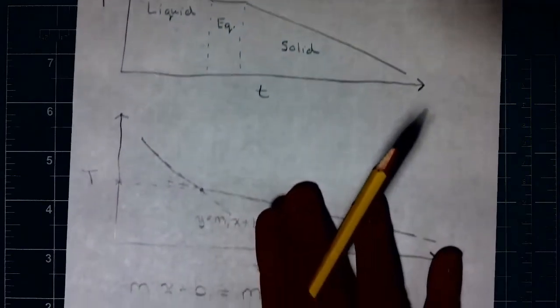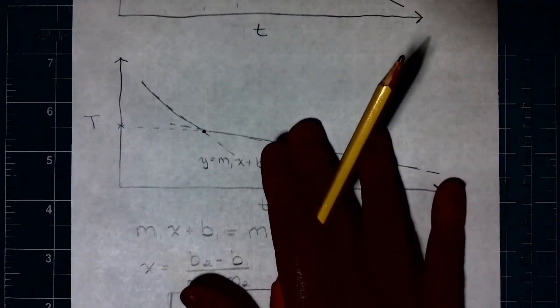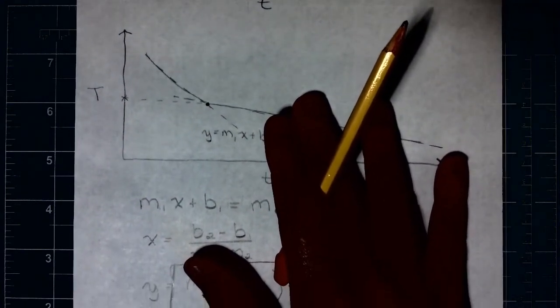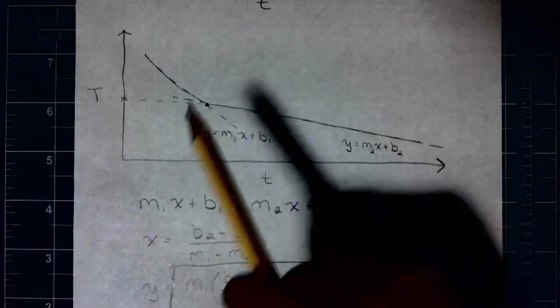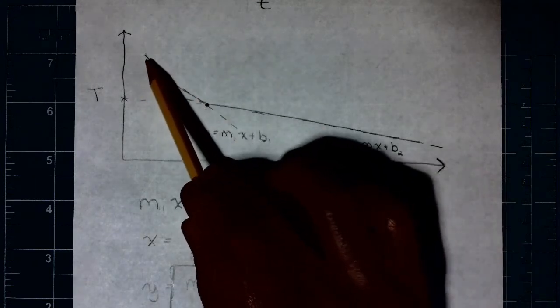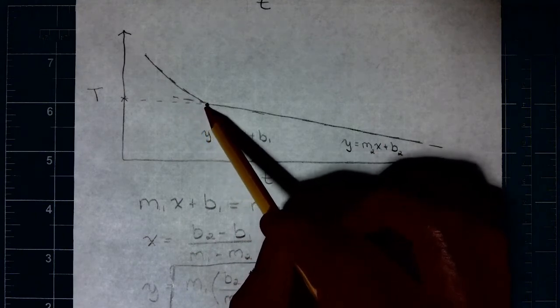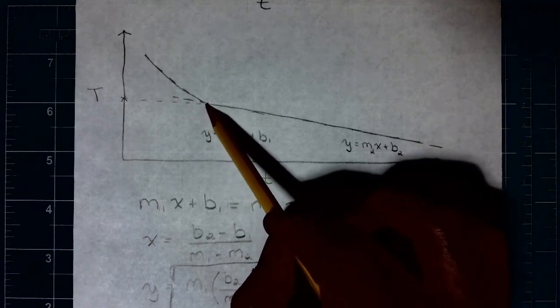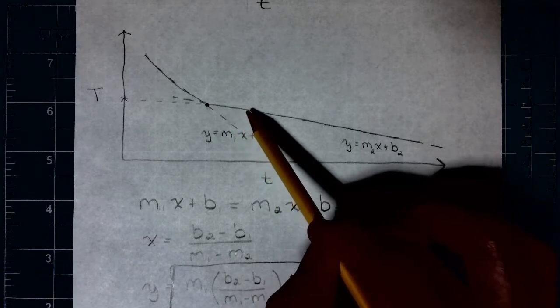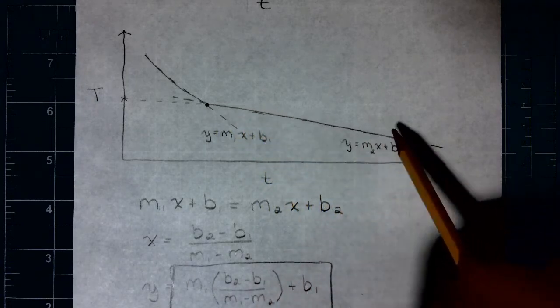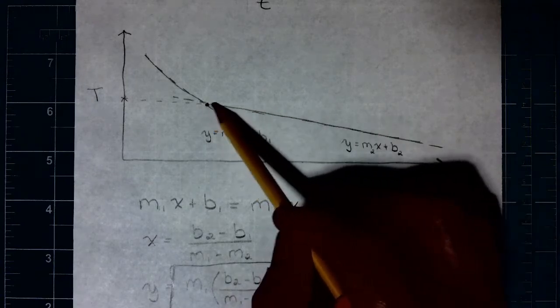In practice, however, our data usually doesn't look that great. What we wind up with is often something that looks a bit like a little curve here. It's not a perfect straight line. Then there's some sort of inflection point, and then we get a different slope as we go out. We don't really get that full plateauing.